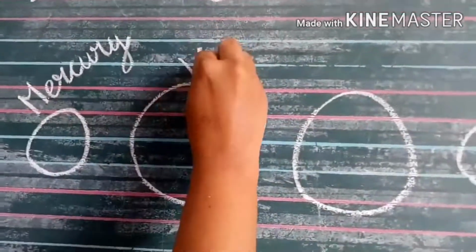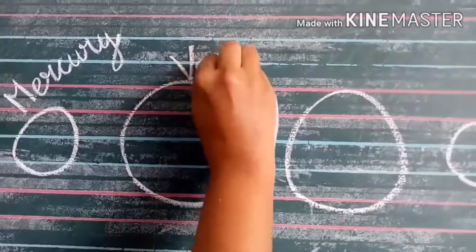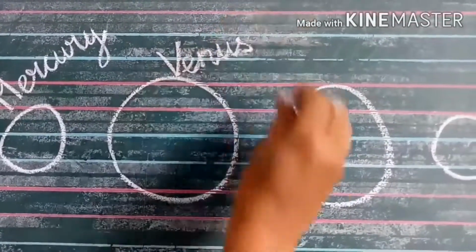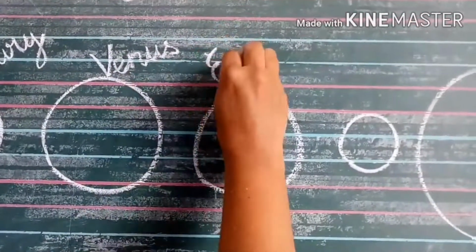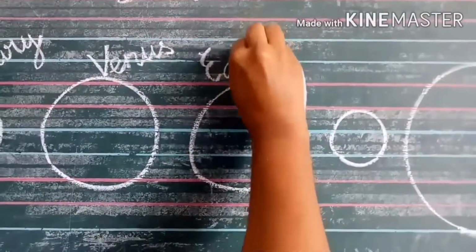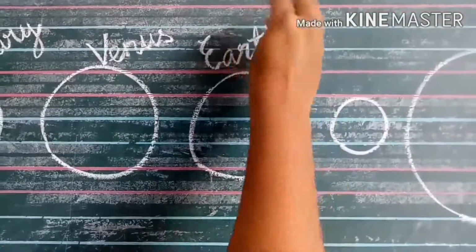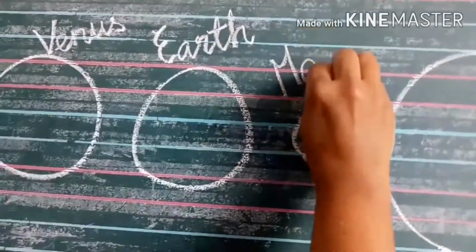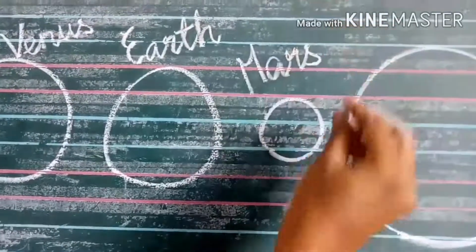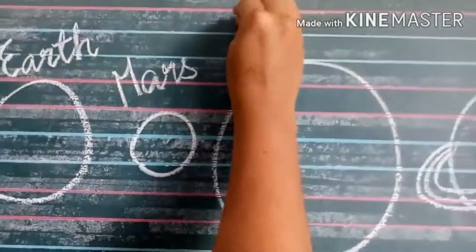Second planet is Venus. Third planet is Earth. Fourth planet is Mars.